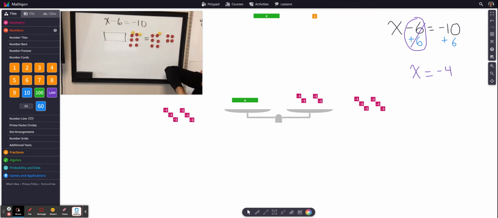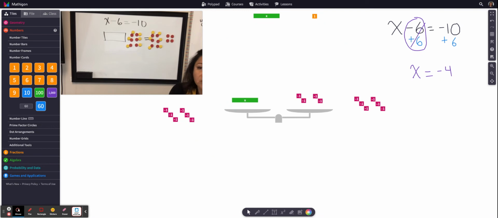If I put a yellow one there, that would be a 0, right? 1 and a negative 1 is a 0. But again, properties of equality say whatever I do to one side, I must do to the other. If I put this one here, then I must put one here. If I put one there, I must put one there.